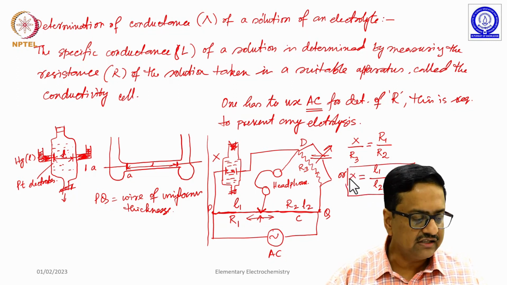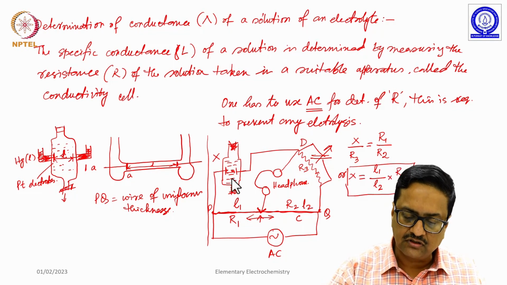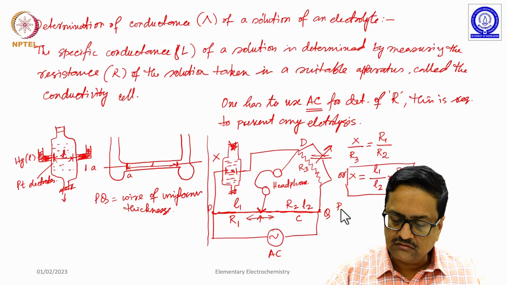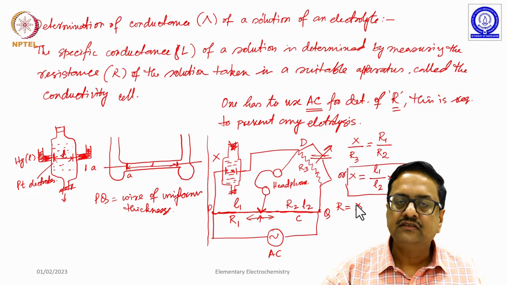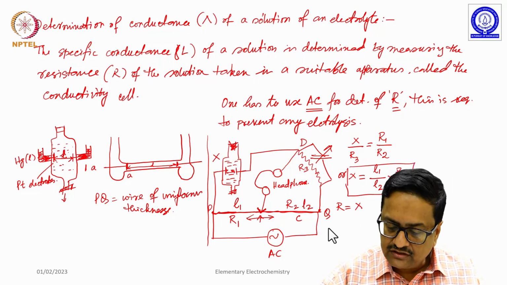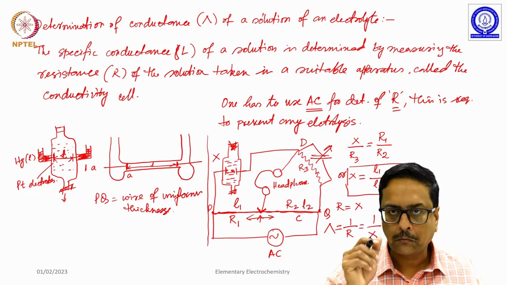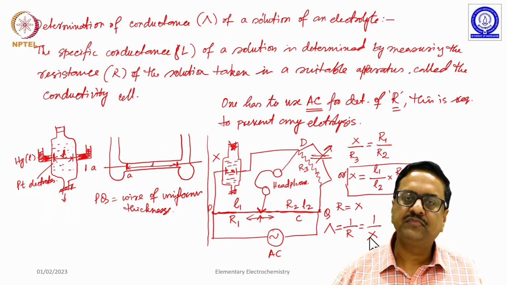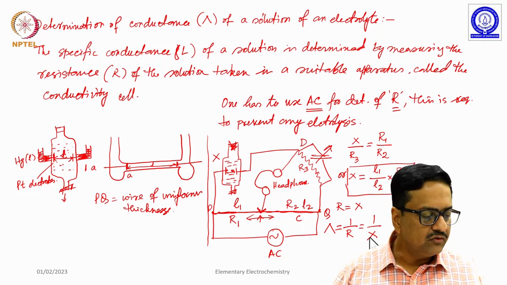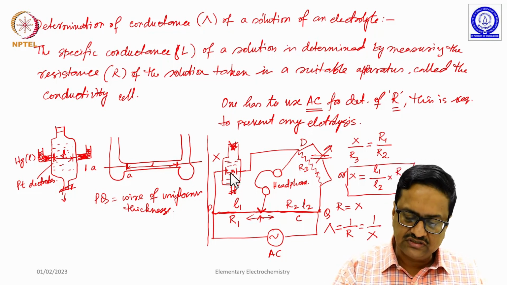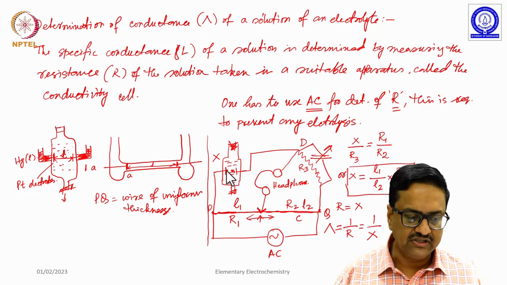When you determine the resistance of this solution, which we assumed here as R, equal to X, then the corresponding conductance lambda is nothing but 1 by R, which is equal to 1 by X. So, using this principle of the Wheatstone bridge, you can determine the conductance of a solution taken in this conductivity cell.